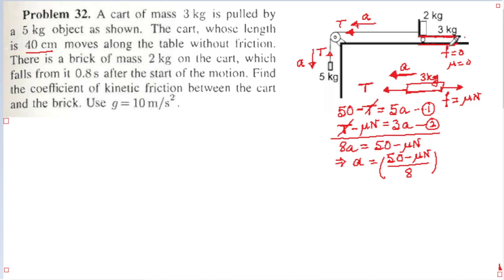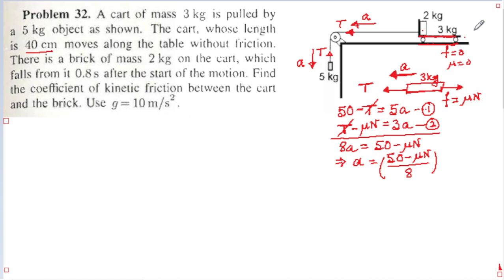And due to this pseudo force, there will be a pseudo acceleration which moves the brick in the leftward direction. Due to this pseudo force, the brick gradually slides in the leftward direction, and after a certain time interval it falls from the surface of the cart.